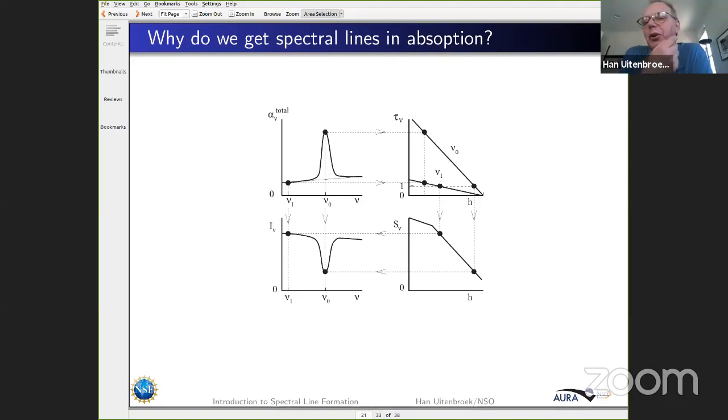So in the photosphere for LTE lines, typically between the layer where the continuum forms and the line core forms is about 200, 300 kilometers, depending on how strong the line is. For chromospheric lines, it is up to a few thousand kilometers. Okay, good to know. Thank you very much.